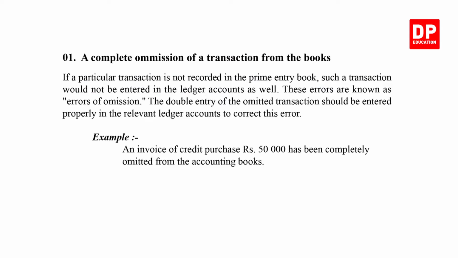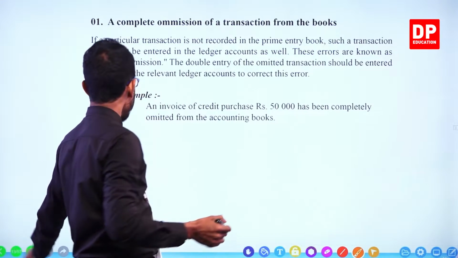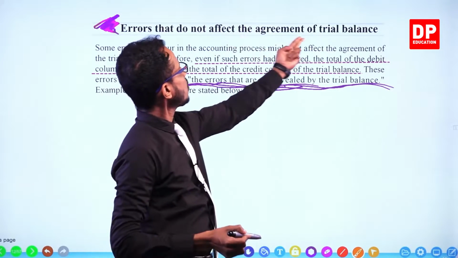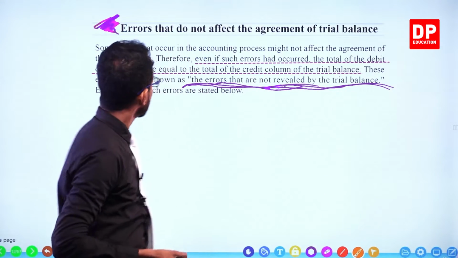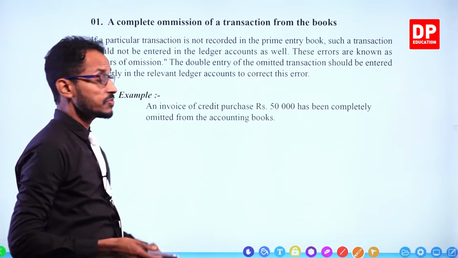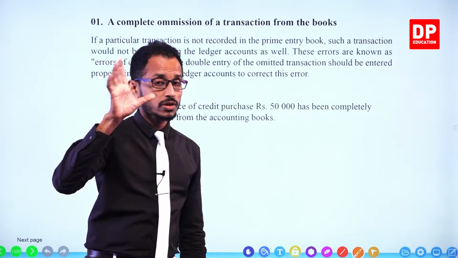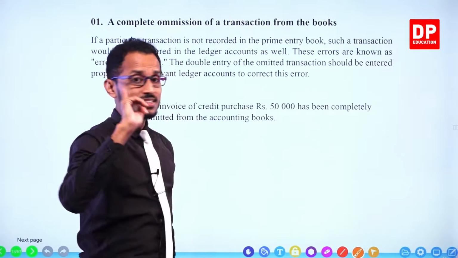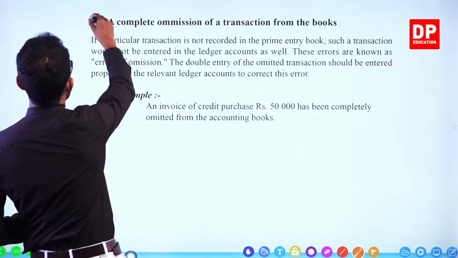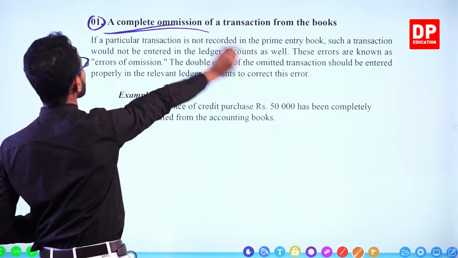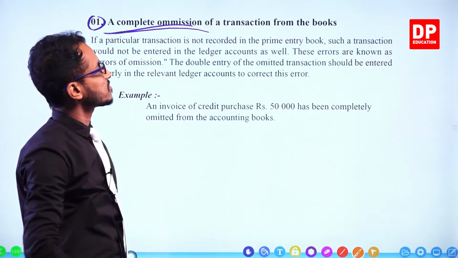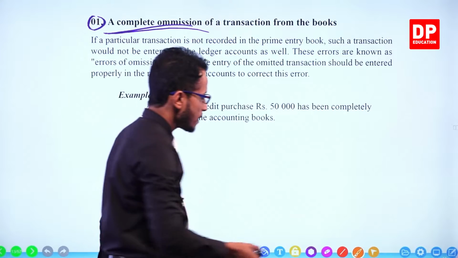Now we are going to talk about the errors that do not affect the trial balance, or errors which are not revealed by the trial balance. Children, we are going to talk about them one by one. This is the first one: a complete omission of a transaction.